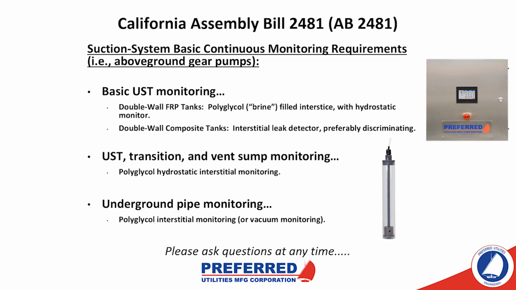Double wall composite tanks, on the other hand, with the steel primary FRP outer tank, usually have an interstitial leak detector, preferably discriminating, so you can tell if there's water intrusion or there's actual fuel leaking out of the primary tank. And those are usually under vacuum as well, the secondary on the composite tanks. So a little bit different there with suction systems between the two different types of tanks.